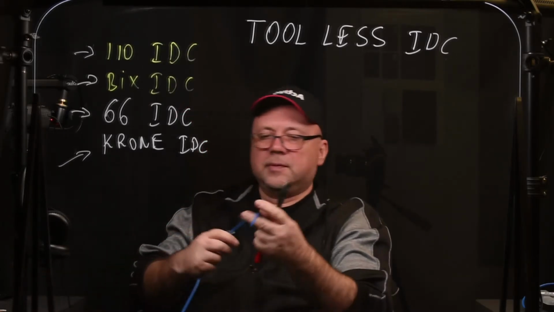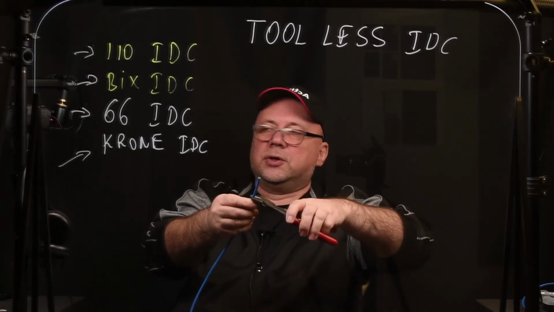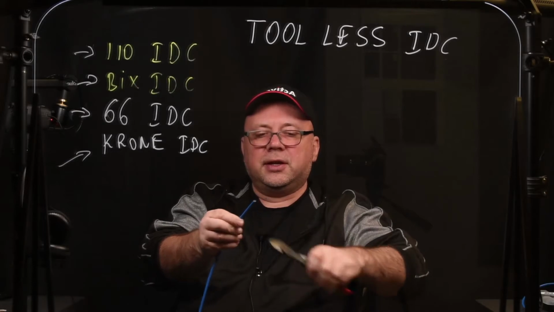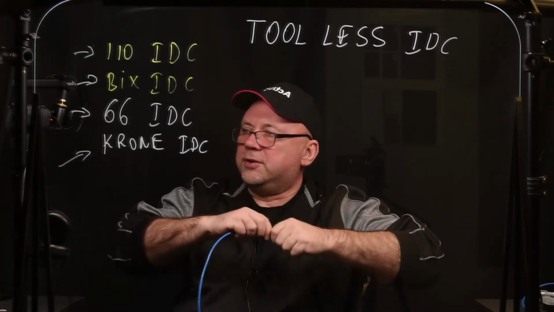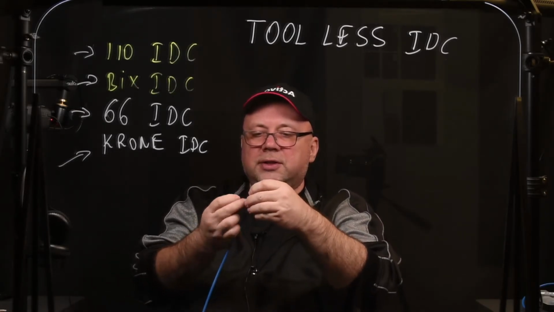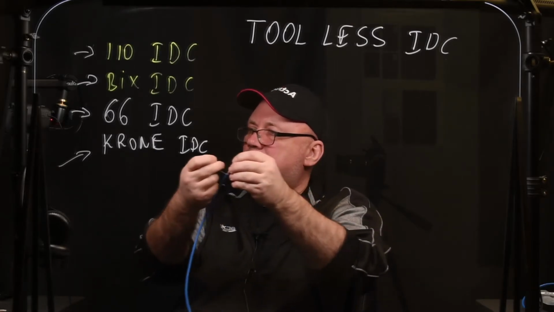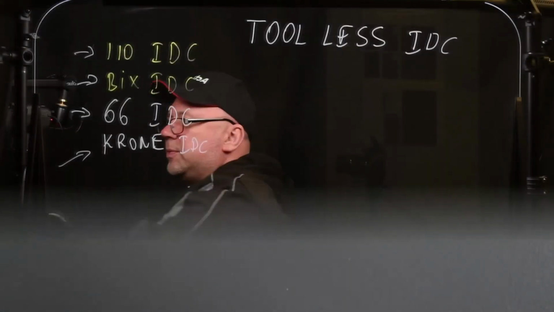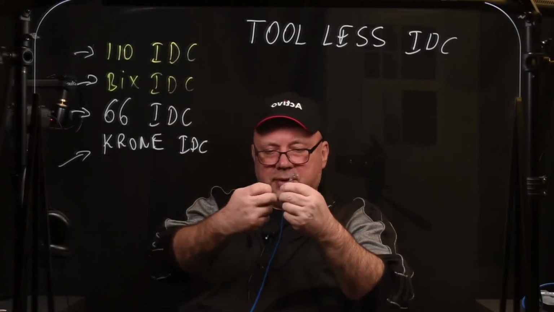So again, I'm just going to nick it, turn around, nick it again. You can just break the insulation and see if I can have enough to grab of the ripcord here. Ripcord. All right. And I'm just going to pull it and peel it until I see my mark.